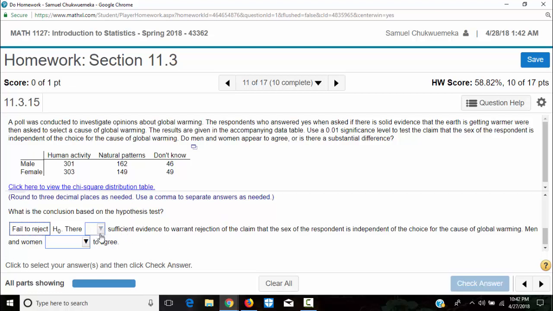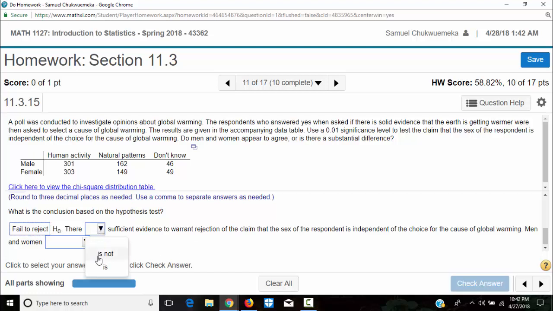Now look at this. There's sufficient evidence to warrant rejection of the claim that the sex of the respondent is independent of the choice for the cause of global warming. So there is insufficient evidence to reject that null. Or you can say there is insufficient evidence to support the claim of the alternative.